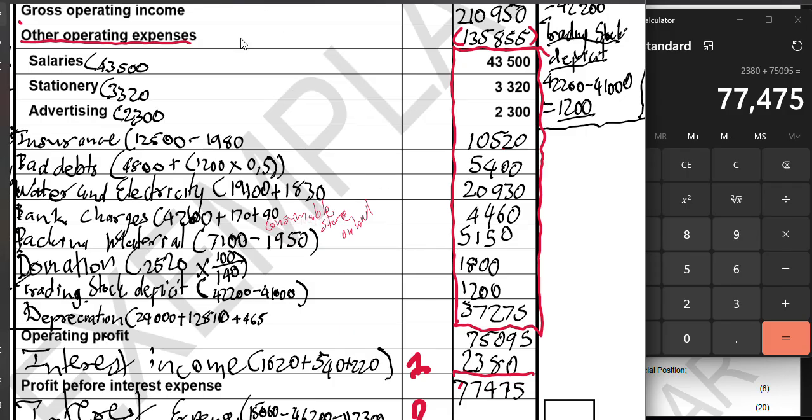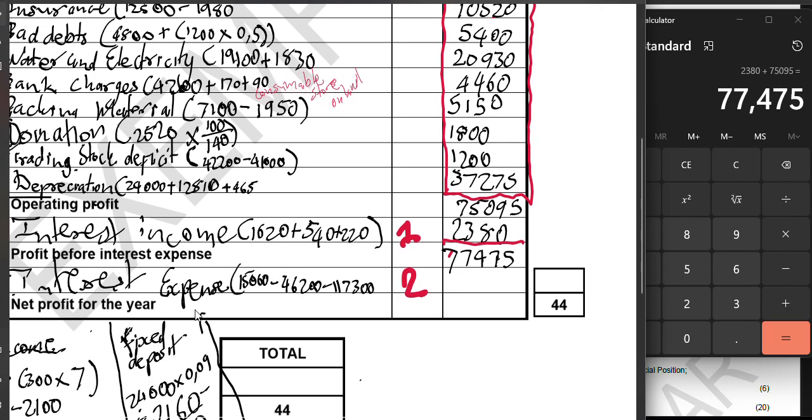And then this is an expense that follows, because the answer that we received is for profit before interest expense. That means interest expense will follow, and we have interest expense here. Because it's an expense, we should make sure that we get those negative brackets in check. There they are. We put them there.